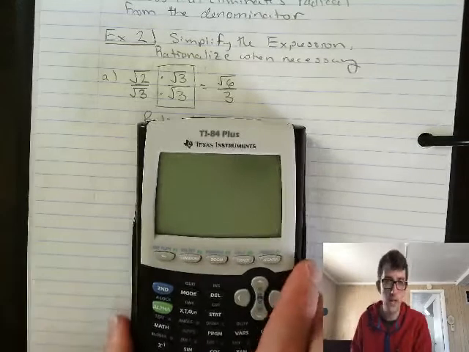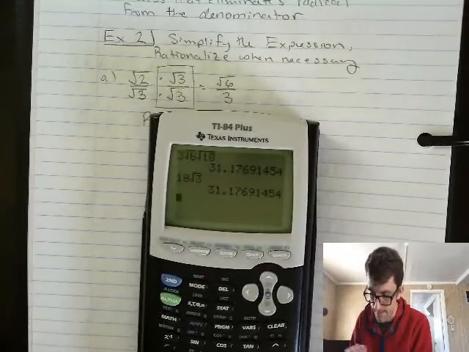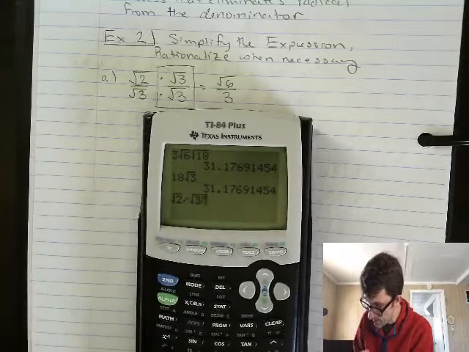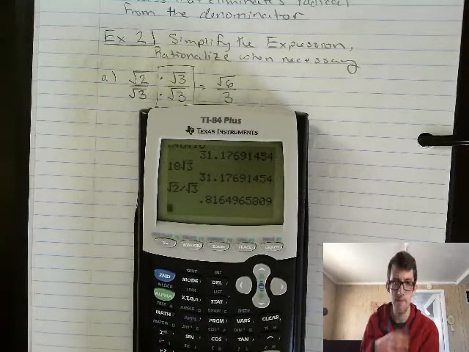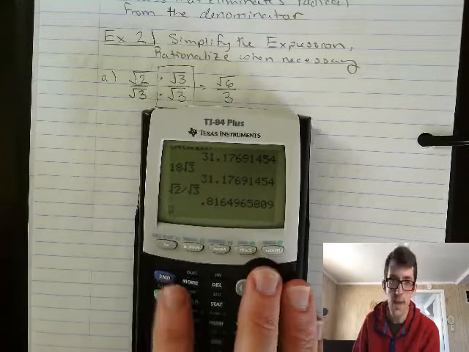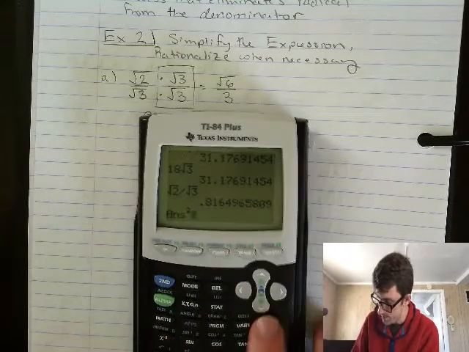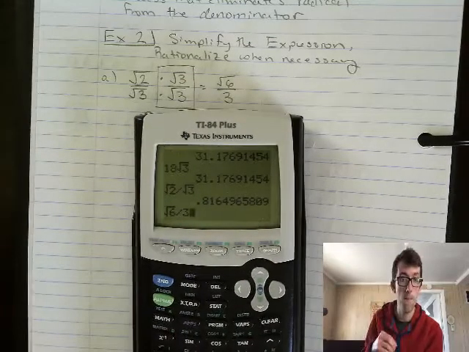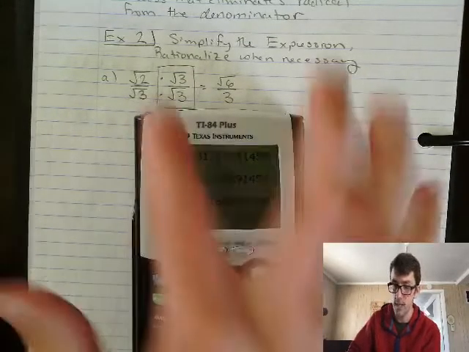Here is one way we can always check our answers. If we take our calculator, if we did the square root of 2 divided by the square root of 3, okay, we have a small decimal there. Let's go ahead and try doing the square root of 6 divided by 3.